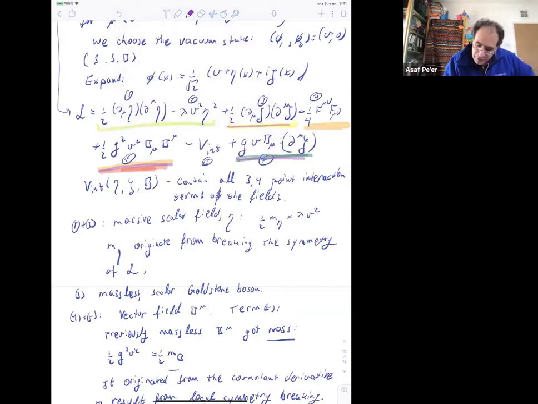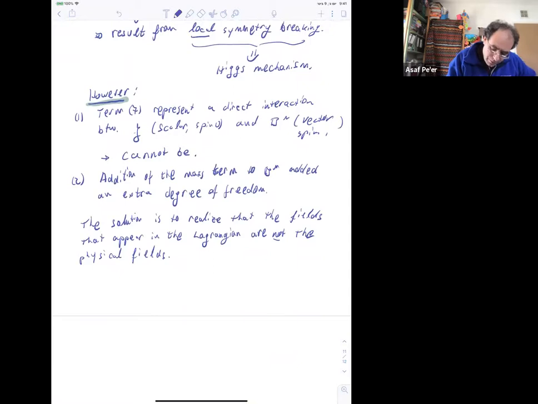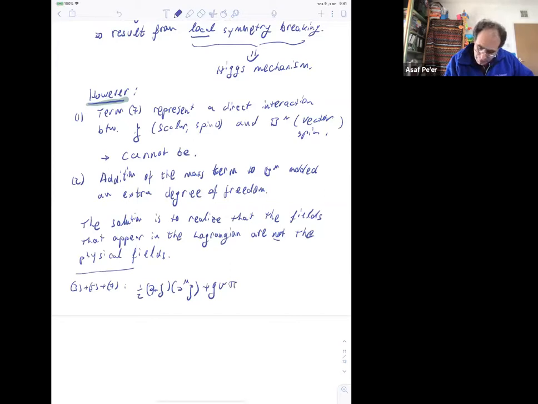So if I take these 3 terms, 3, 5, and 7, I can write down term 3 plus 5 plus 7: 1/2 (d mu psi) plus g v B mu d mu psi plus 1/2 g squared v squared B mu squared.